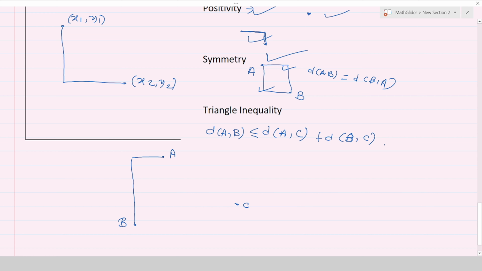The distance between A to C is, let us say, this. And the distance between C to B, let's say, I should not have drawn it this way, but it's okay. So the distance between B to C is this thing. You can easily see this is the smaller length and this is a much bigger length. This plus this is a much bigger path. So you can see that it also satisfies the triangle inequality property.